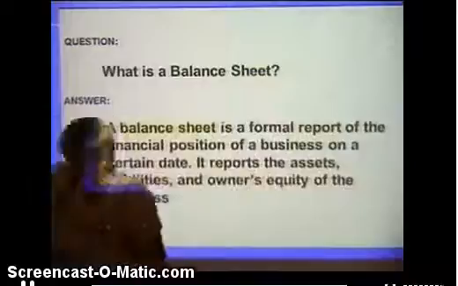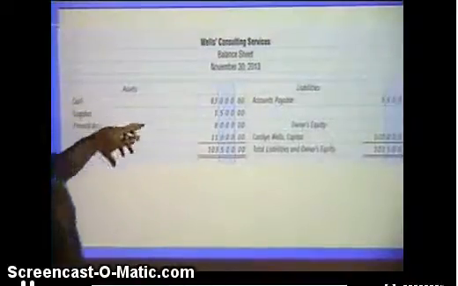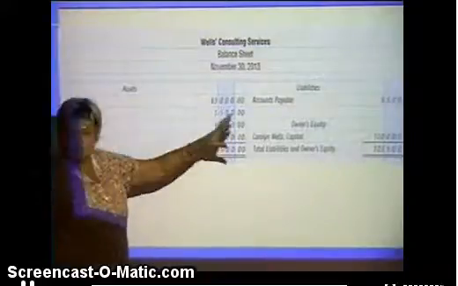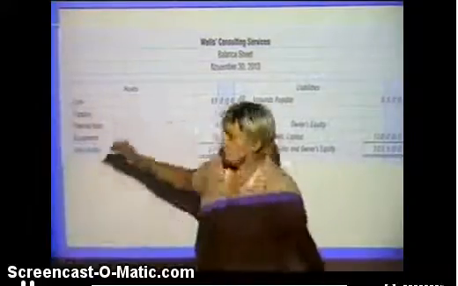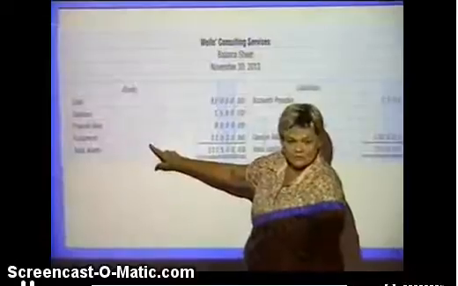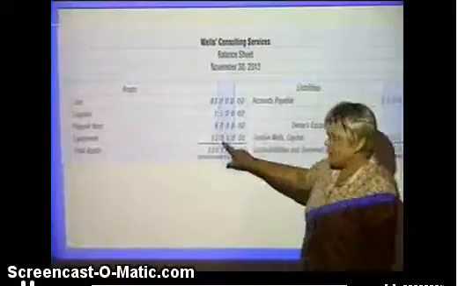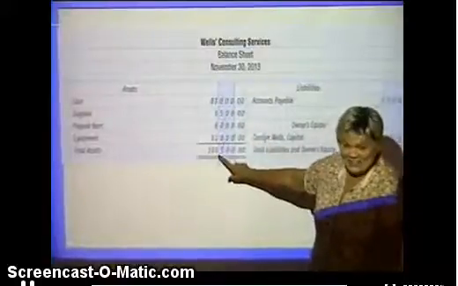Okay, so here's what we're going to do. Here's a balance sheet of Wells Consulting Company. We took all that information we've been putting on that spreadsheet, and we're showing a list of the assets on the left. You add up your assets, and you come up with total assets.